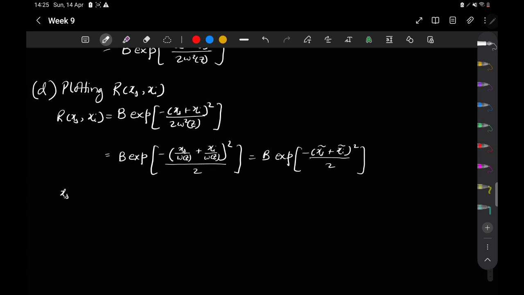Now here xs tilde and xi tilde are dimensionless, and they are defined as follows.